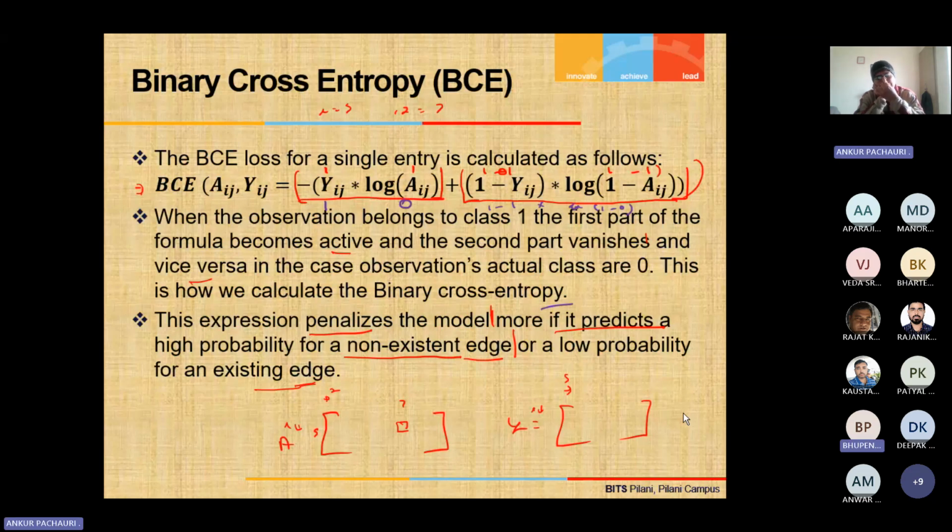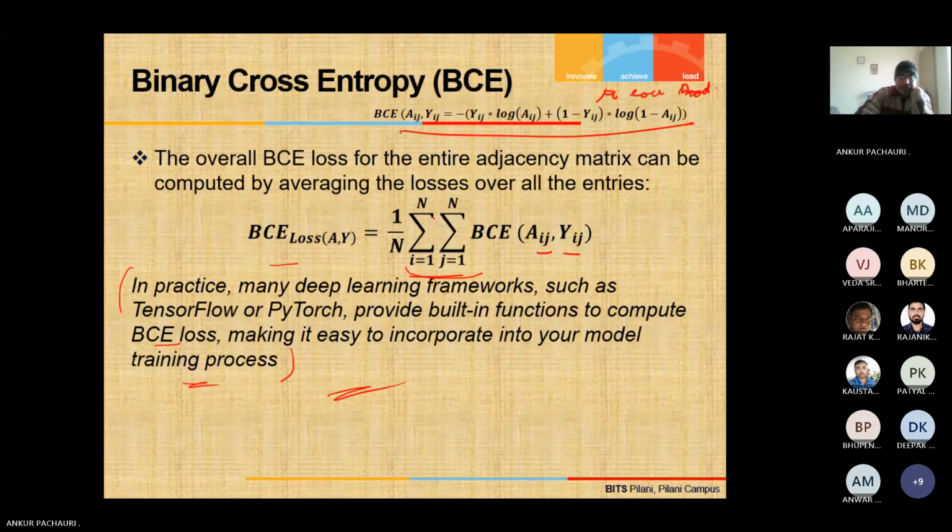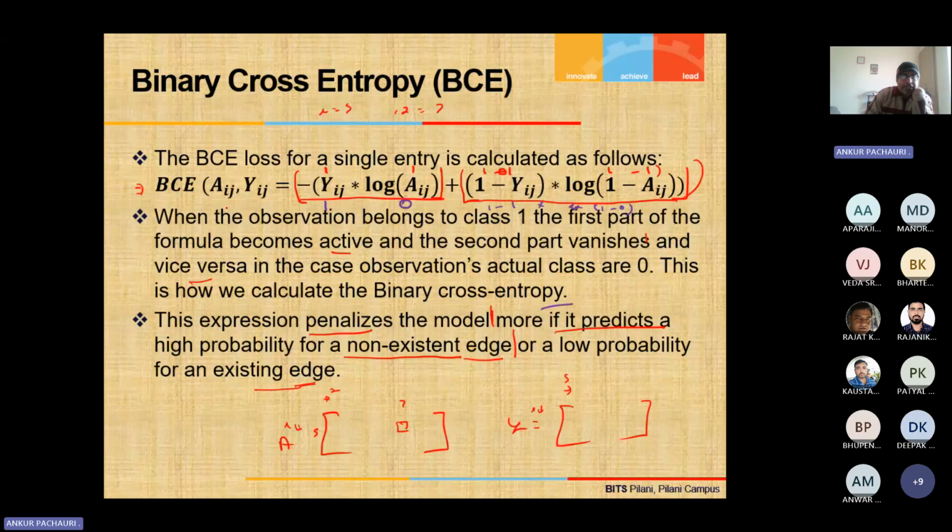So how to calculate that loss here by value actually? That's why this is for each pair of nodes. Either there will be an edge or there will not be an edge.